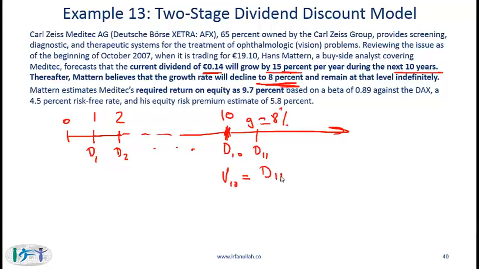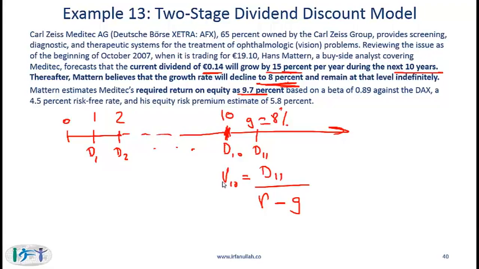It's going to be D11, which you can calculate because you know D10, and then D10 times 1.08 is D11, divided by the discount rate, which is given as 9.7% or 0.097, minus the long-term growth rate, which is 8%, that's the g. So this will give you V10.